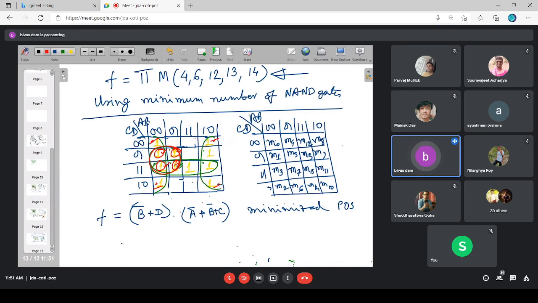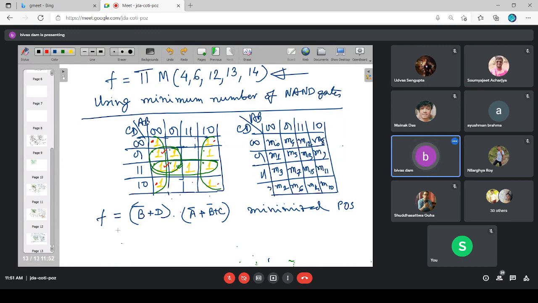Okay, so how many PIs are there? 12, sir. 8 plus 4. Sorry. How many PIs? Sorry, sir. I mistook. 3, sir. 3, 1 plus 2. 3. And how many essential PIs are there? 3. All 3 are essential.